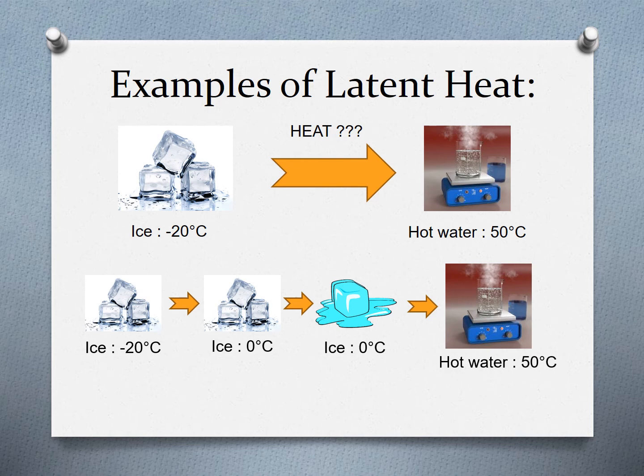Lastly, when we boil the water, it will become hot water at 50 degrees Celsius. That is what we call latent heat. It changes from minus 20 degrees into 50 degrees Celsius.